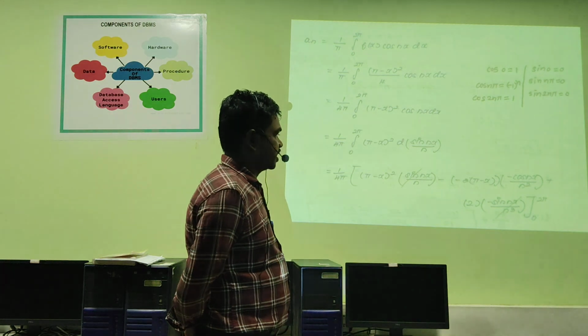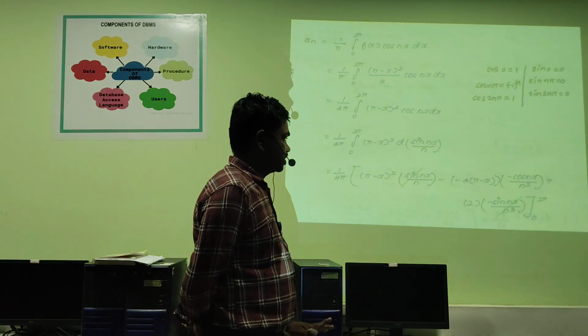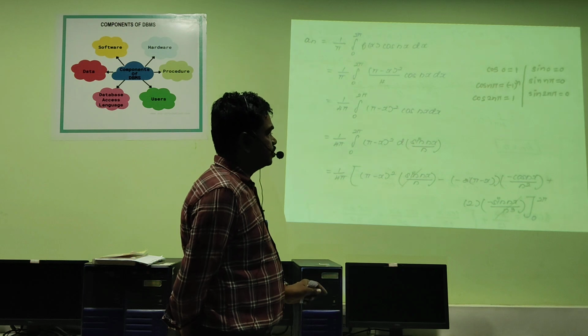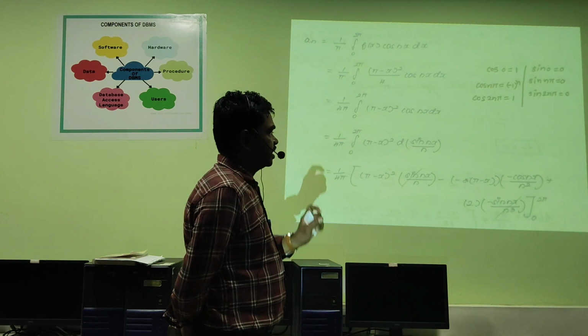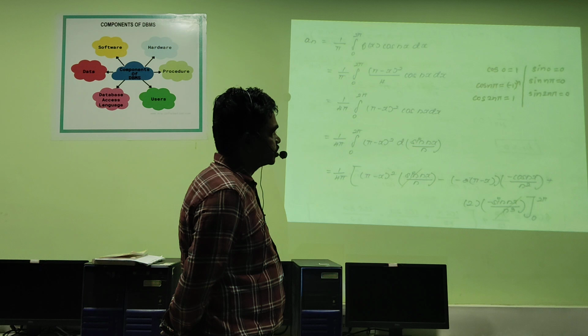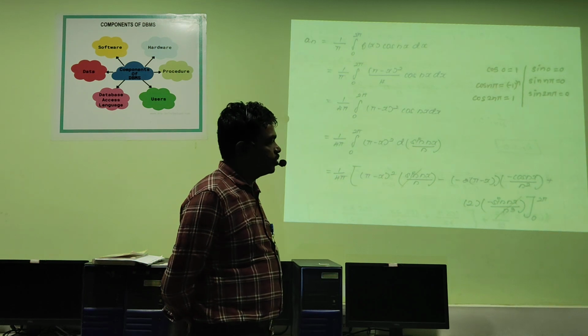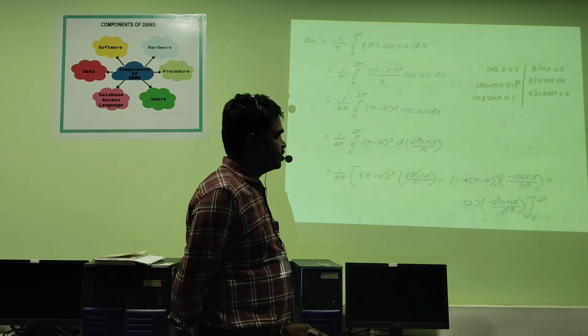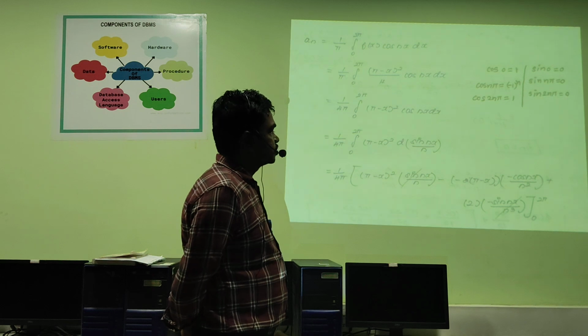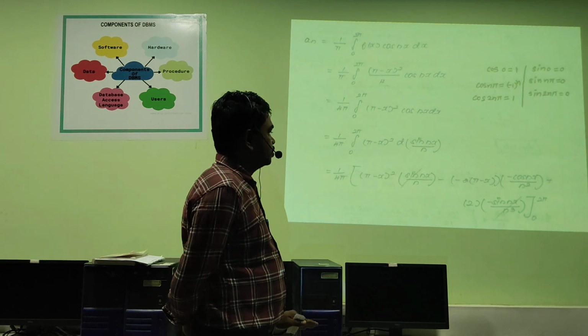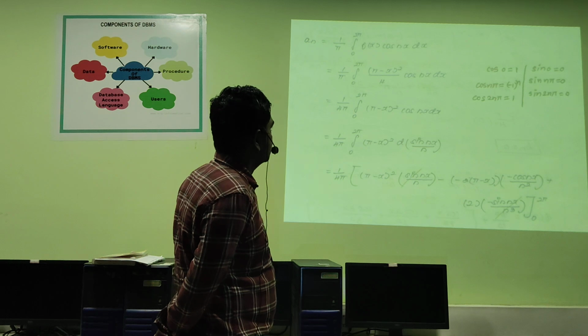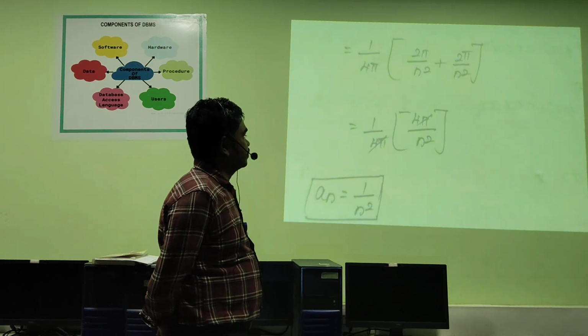So the two terms are cancelled, and only one term remains. Because of that the value is persisting here: the upper value of cos 2n pi is 1, cos 0 is 1. So the value is remaining here. So I can go to the next step. So equal to 1 by 4 pi.